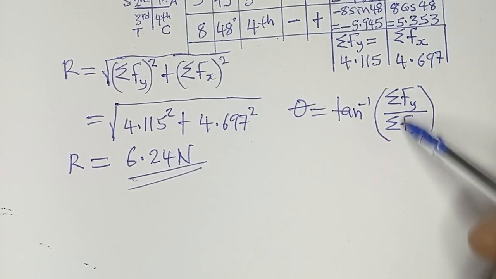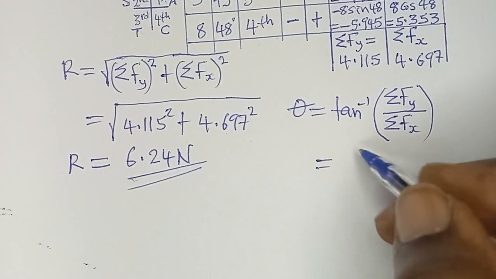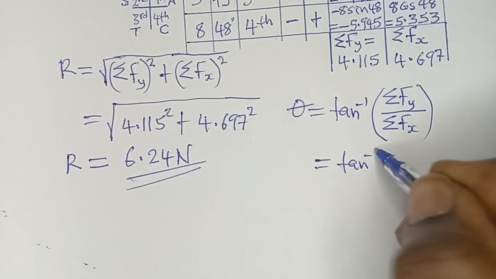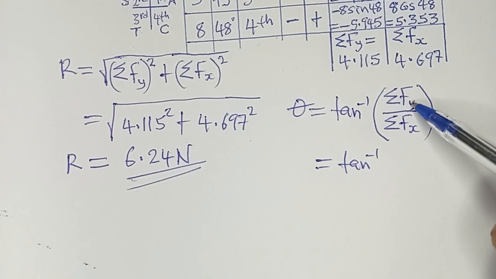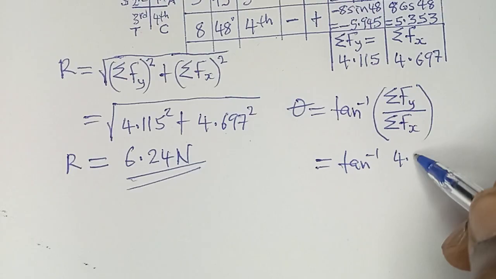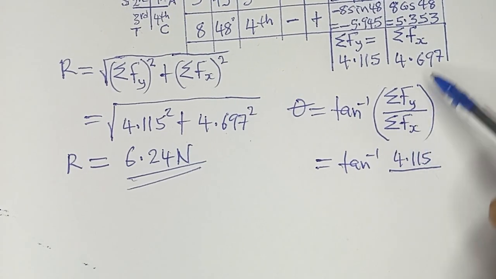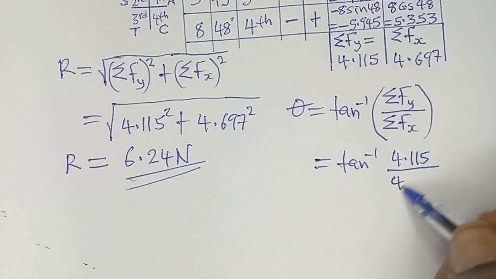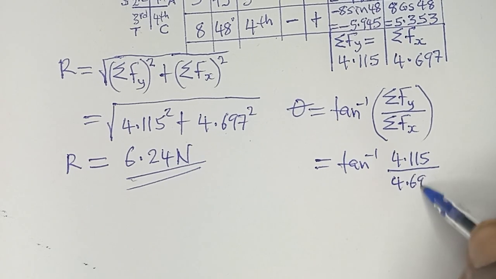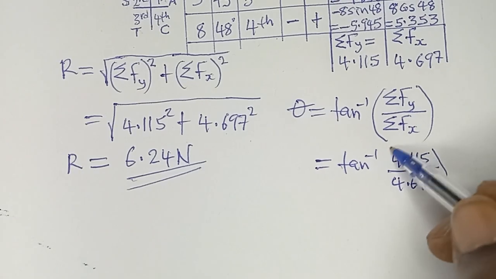That will be the tan inverse of 4.115 divided by 4.697.